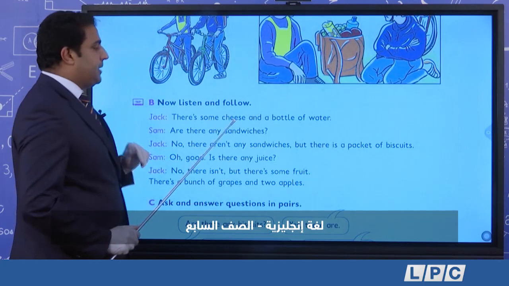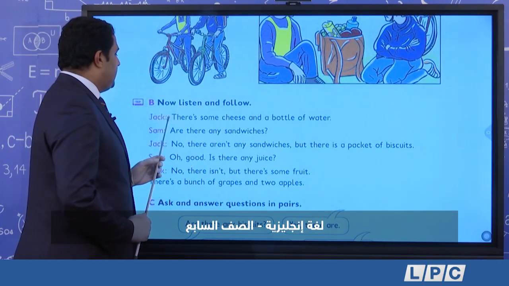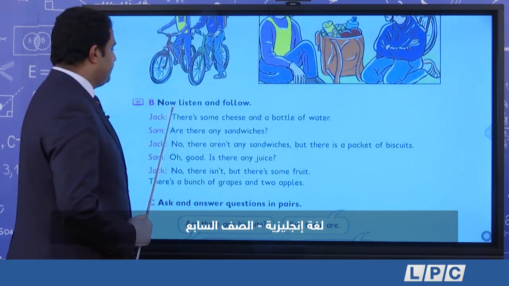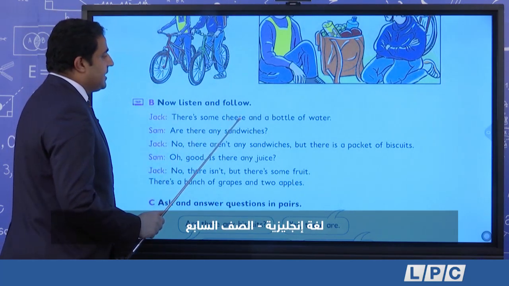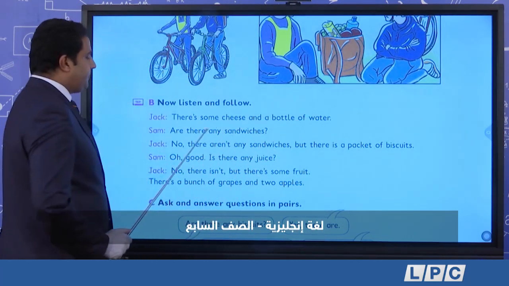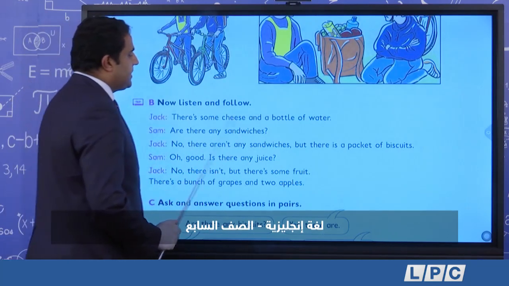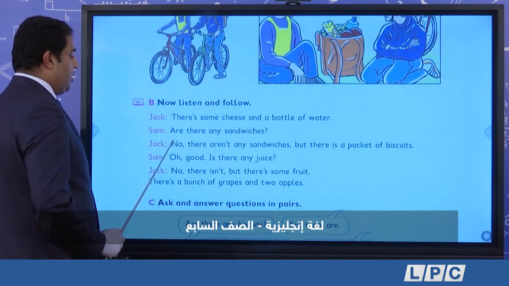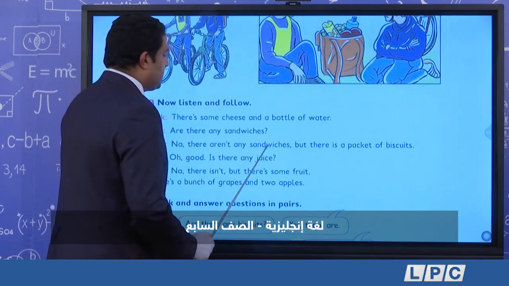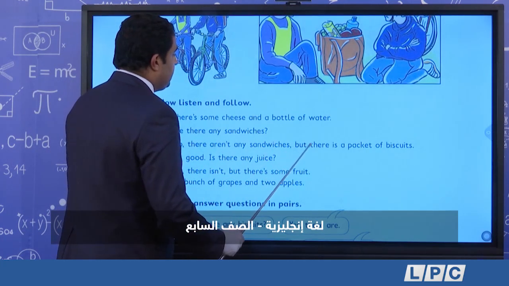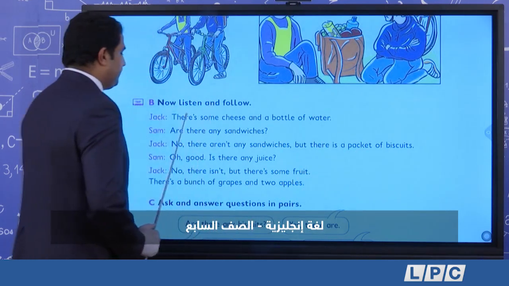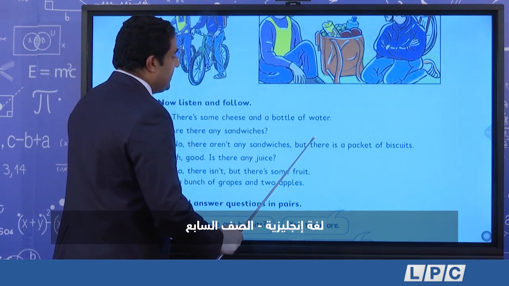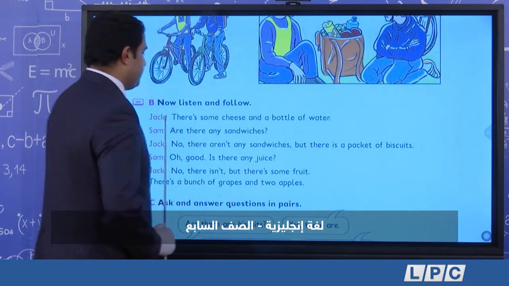Listen and repeat now. Jack: There is some cheese and a bottle of water. Sam: Are there any sandwiches? Jack: No, there aren't any sandwiches, but there is a packet of biscuits.